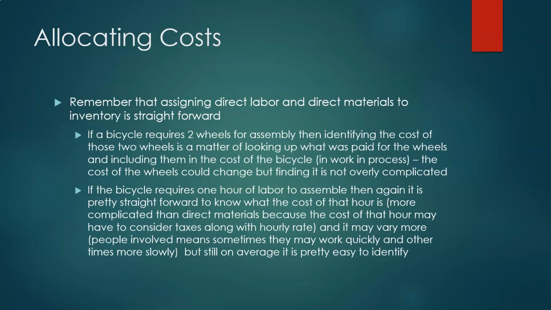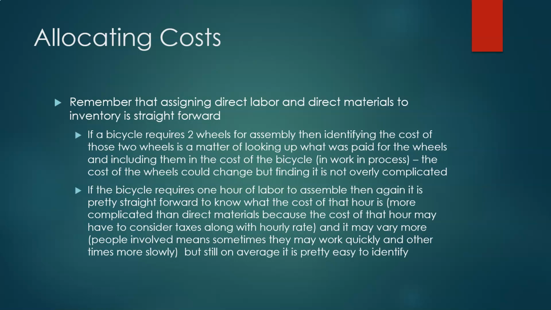So if we are going to be building or assembling a bicycle, for example, we want to make certain that all of the costs that relate to the materials, which is the wheels, the spokes, and the handlebars, and all of that, and that's work in process.